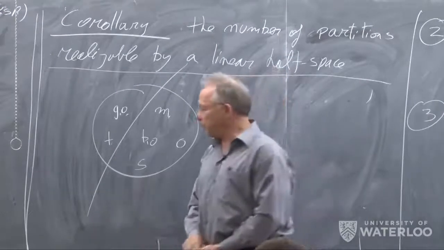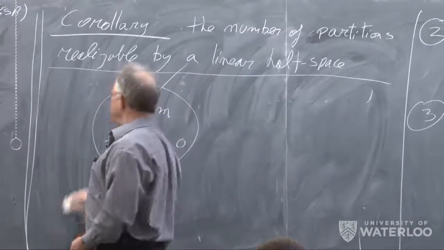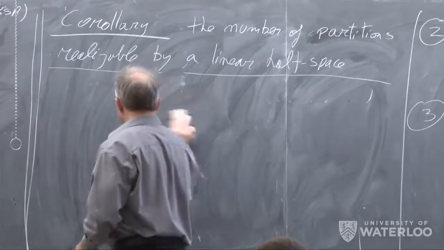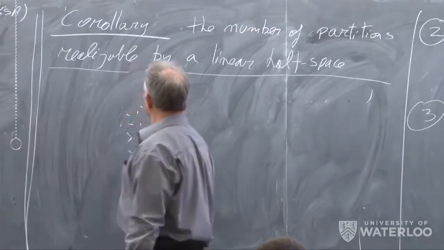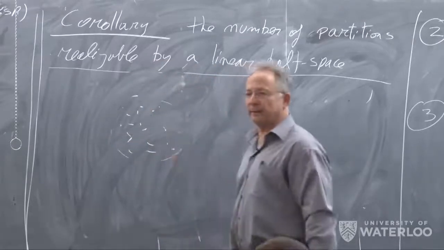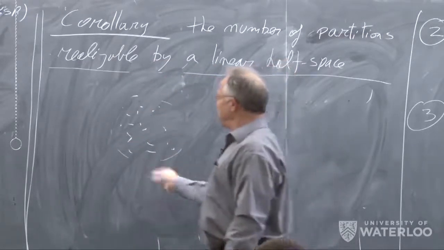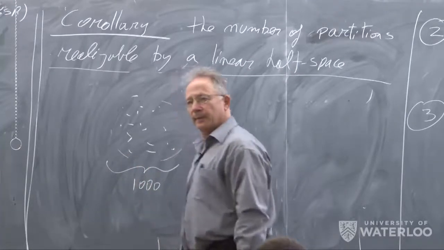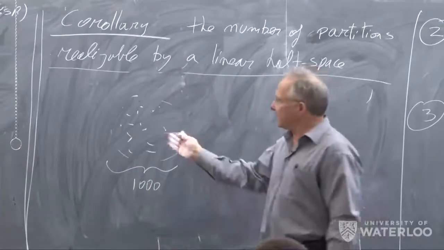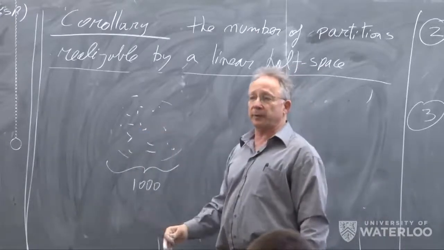And the point is, what will be your intuition? Say that I have a set with many, many points in the plane. Say I have 1,000 points. Now I can think about all possible partitions of those points.